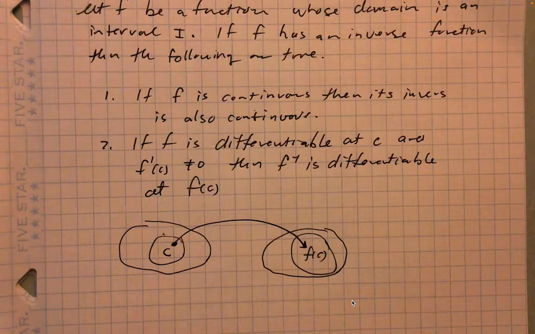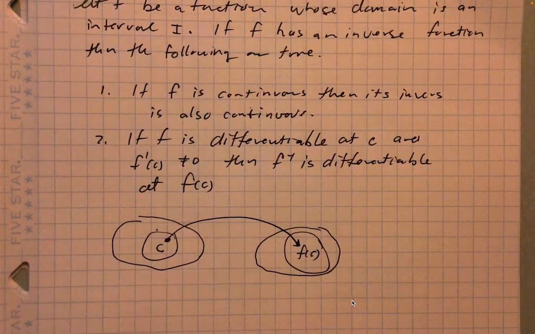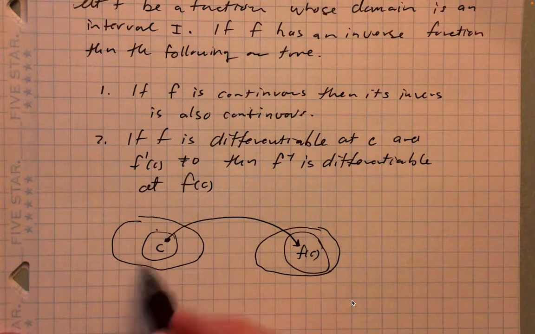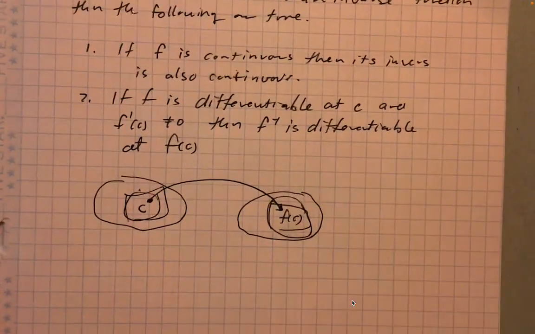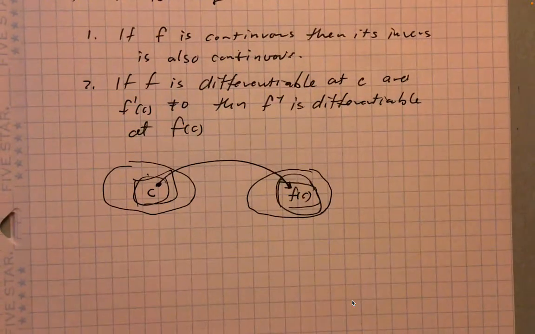So that's kind of the big picture. If f has an inverse, then f inverse is almost always differentiable, and it works in the way that you would expect. If I can differentiate f at C, then I'm likely to be able to differentiate f inverse at f of C. Very good. As you would like it. Then sometimes things work out.